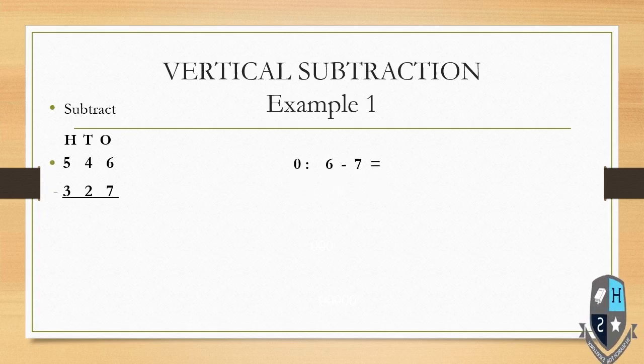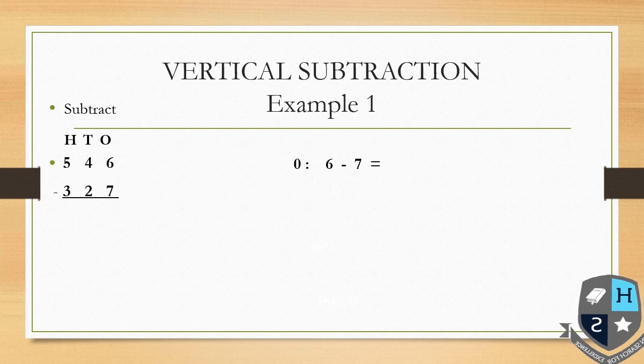In ones here we have 6 take away 7. Pupils, is 6 take away 7 possible? It's not. As I say, a small number cannot take away a bigger number. So what are we supposed to do? We should go and borrow. Where are we going to borrow?